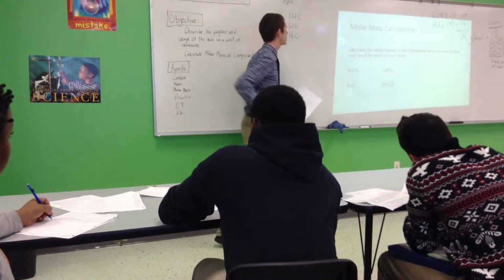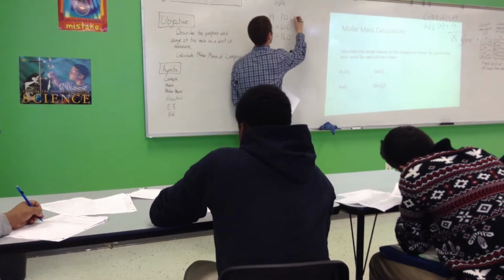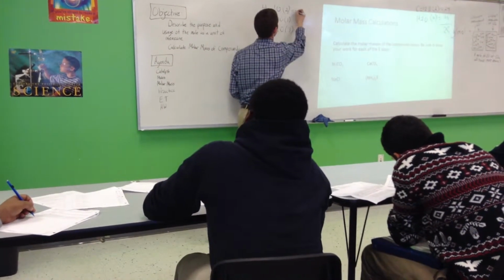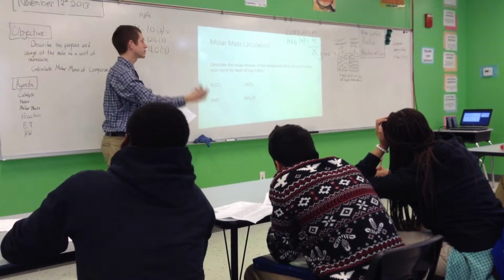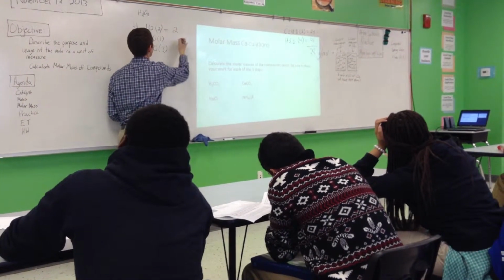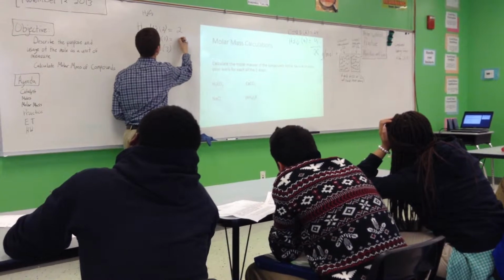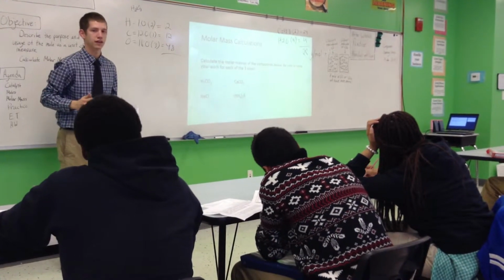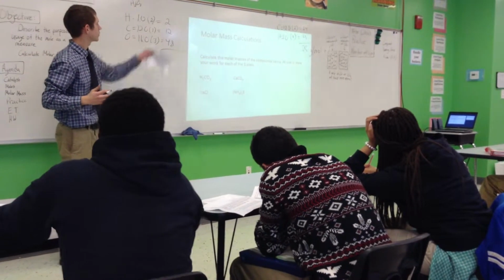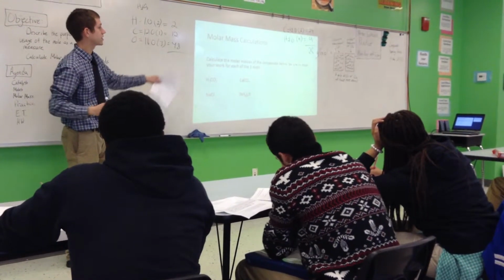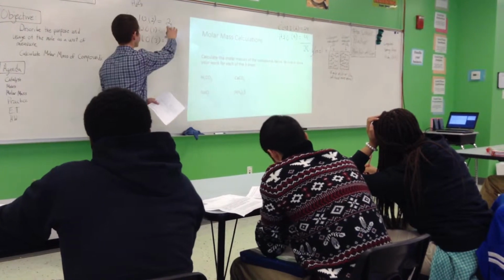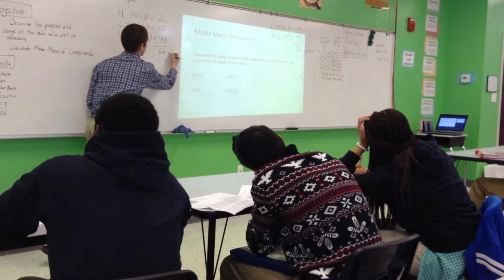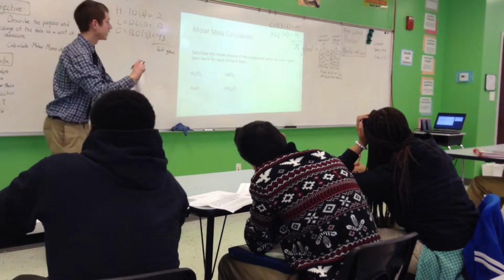What would we multiply hydrogen by? How many atoms? 2. Carbon is 1. Oxygen 3. Very good. And we're going to multiply these values and then ultimately add them up. What's 16 times 3? 48. And then you would get 62. So we add up all these individual values and get 62 grams per mole.